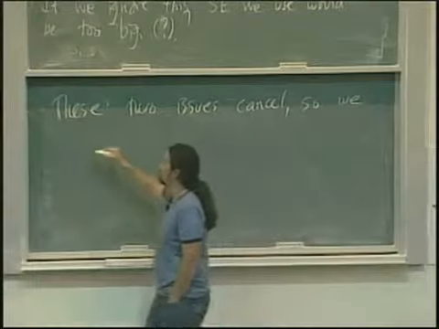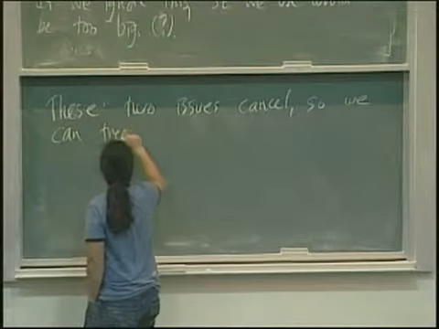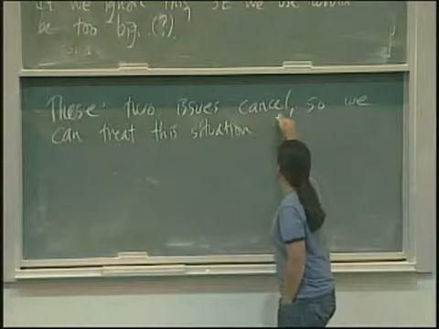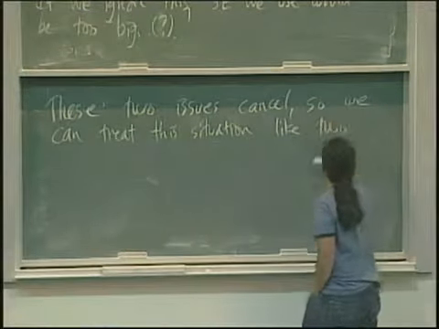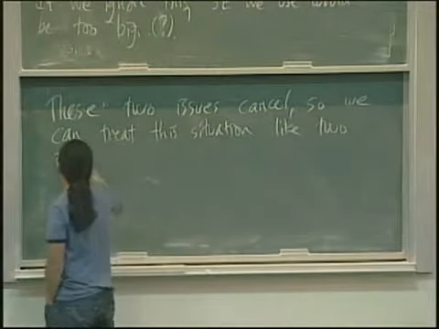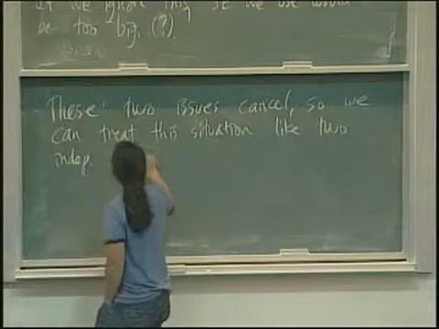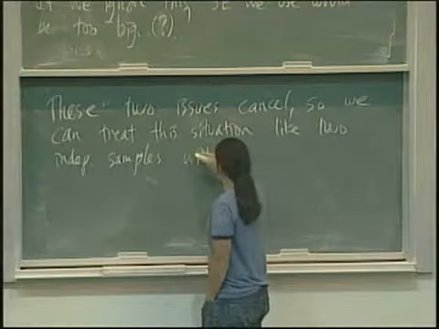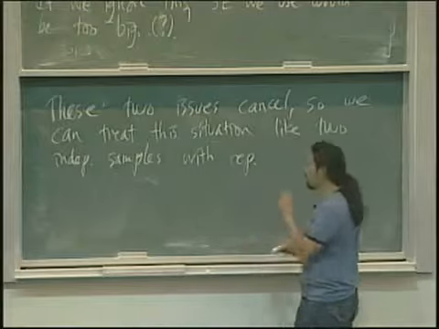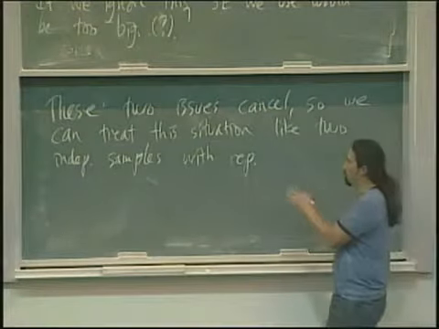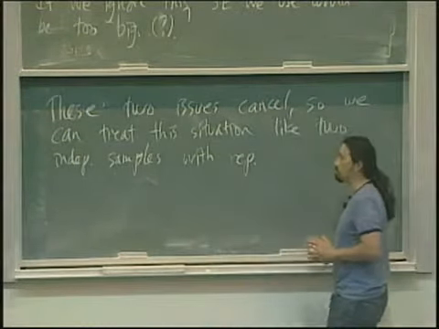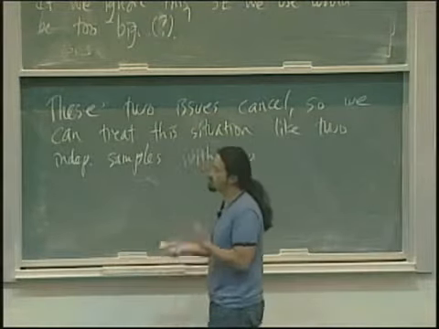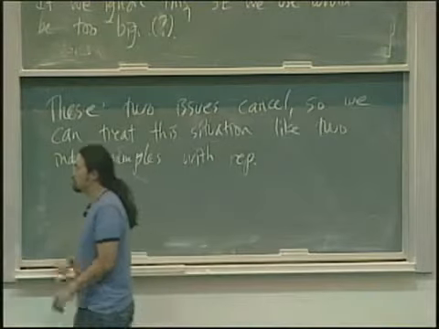So we can treat this situation like two independent samples, and you can actually treat it as though it's two independent samples with replacement, because you're going to ignore the correction factor. So you don't want to even think about these as being without replacement once you decide that these two issues are going to cancel.